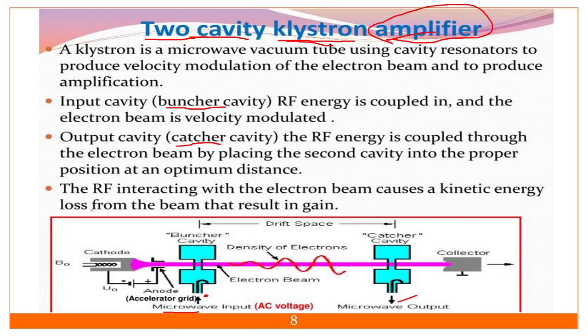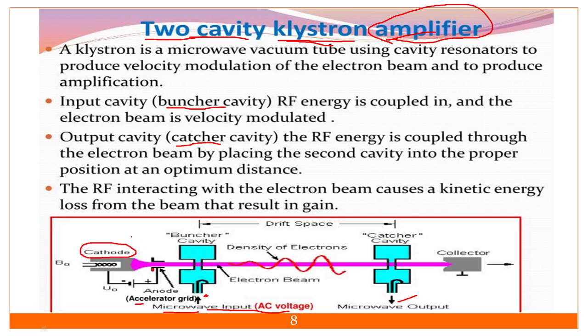In the buncher cavity, we are giving the microwave signal. The AC signal is given through this cavity, and this electrode you will find over there is the accelerating grid. The electrons generated by the cathode are accelerated by this anode.